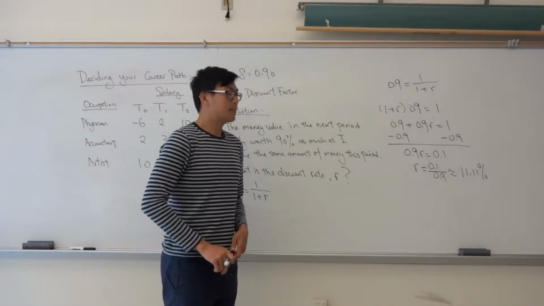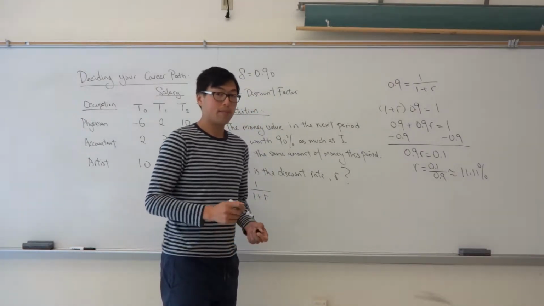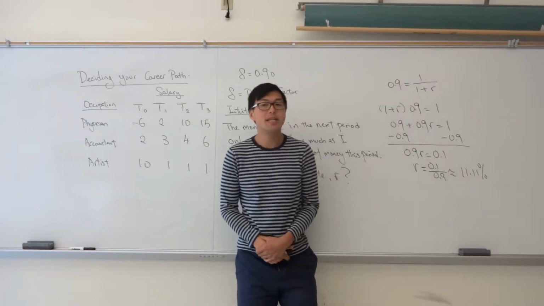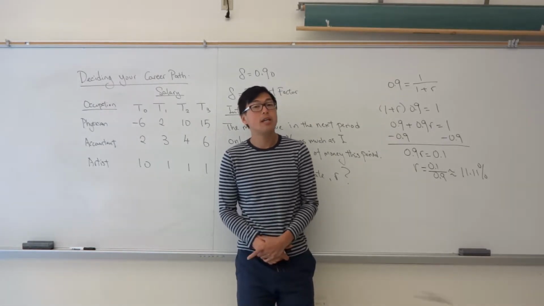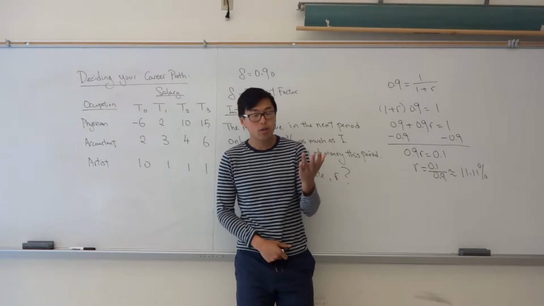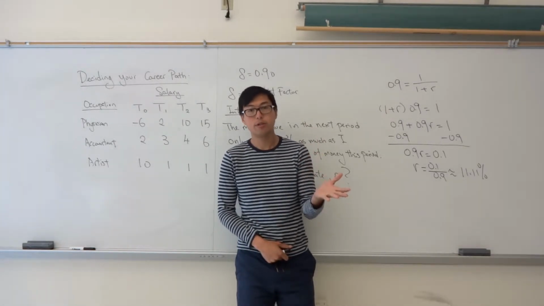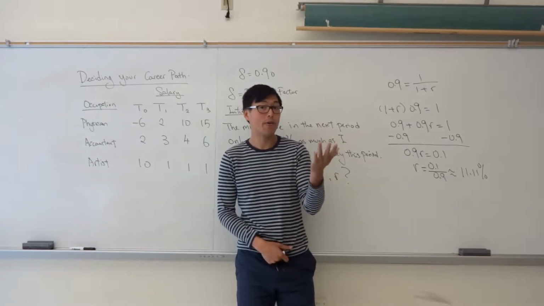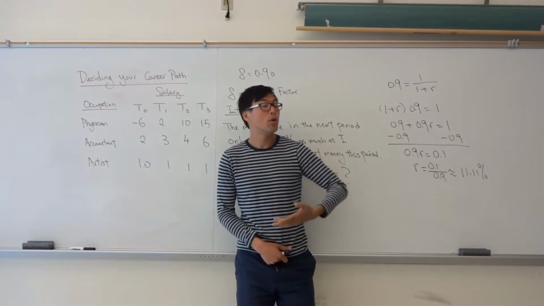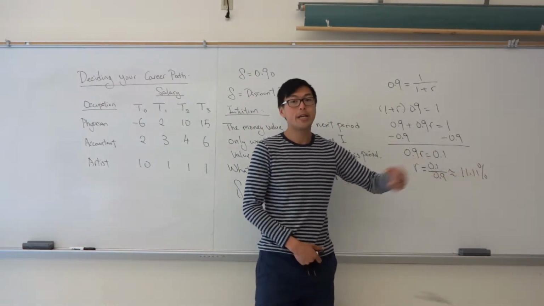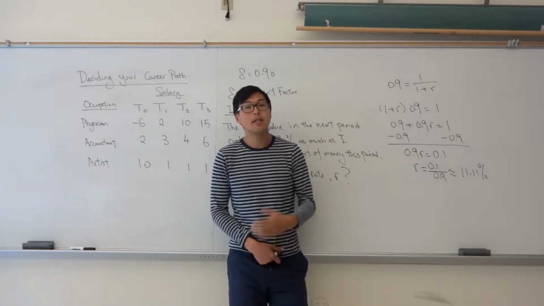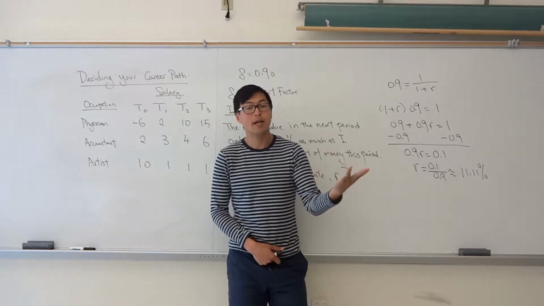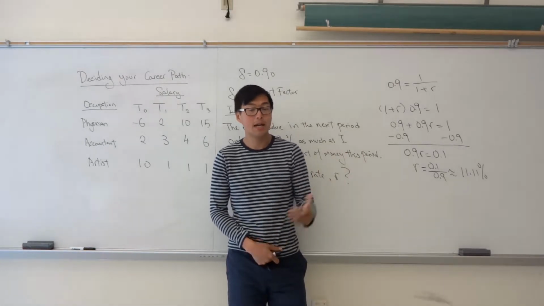So again, what does this 11.11% mean? This 11.11% basically represents a market interest rate. That means in order for me to get the same value of money in the future, I will have to have this $100 I have on hand right now earn an interest of 11.11% in the next period, in order to have the same value as I value the money I have now on hand.